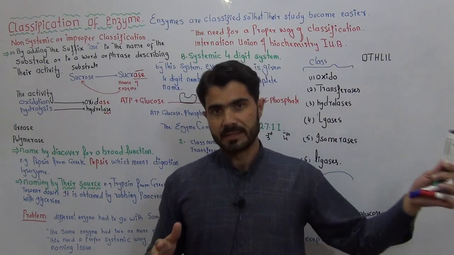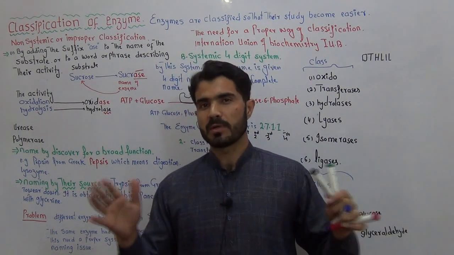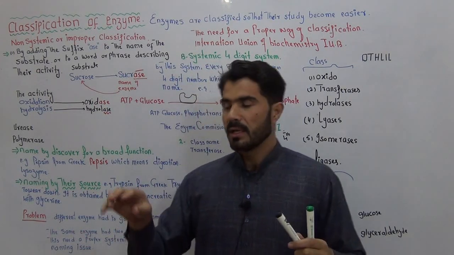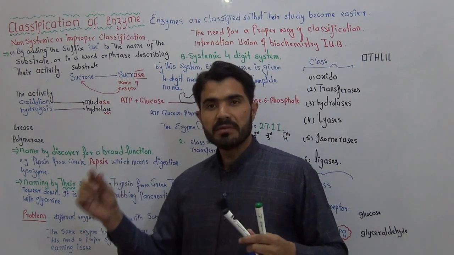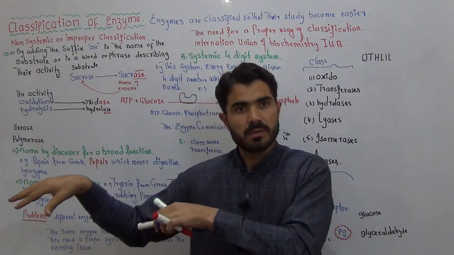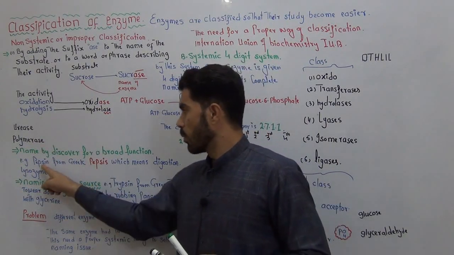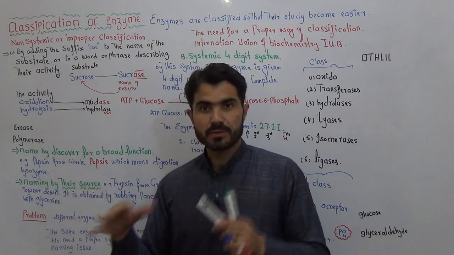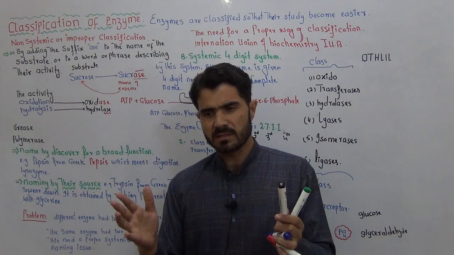So in the beginning, when there was no proper system to classify enzyme, they started giving names according to the function. For example, the word pepsin was given to the enzyme. Yes, pepsin is the name of the enzyme.